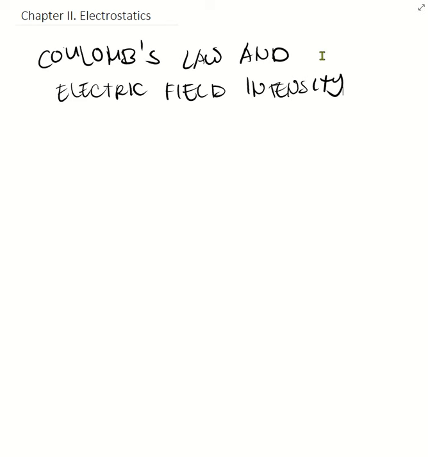And remember the tool that we discussed in chapter 1, vector calculus, vector analysis into three different coordinate systems. We will all be using them here in chapter 2. So the first one, the fundamental laws of electrostatics: Coulomb's Law.